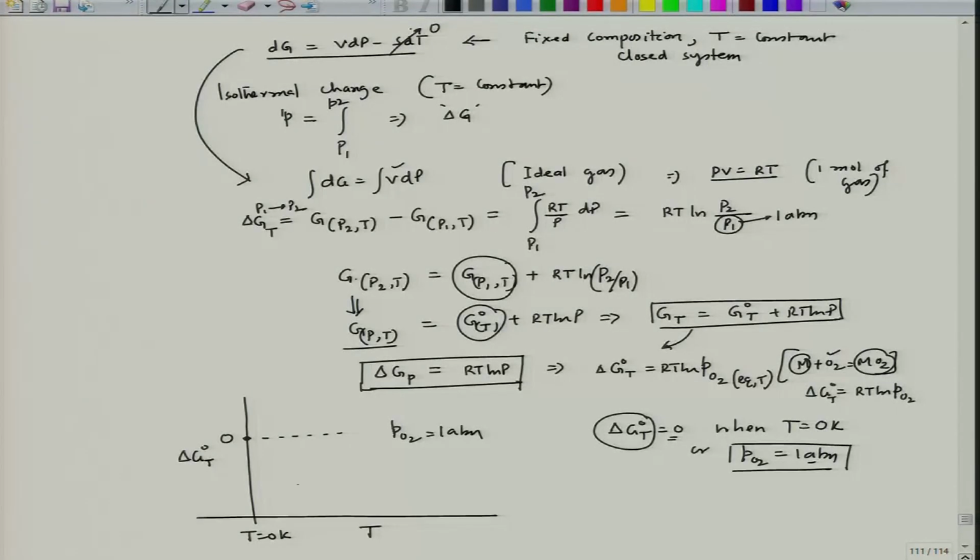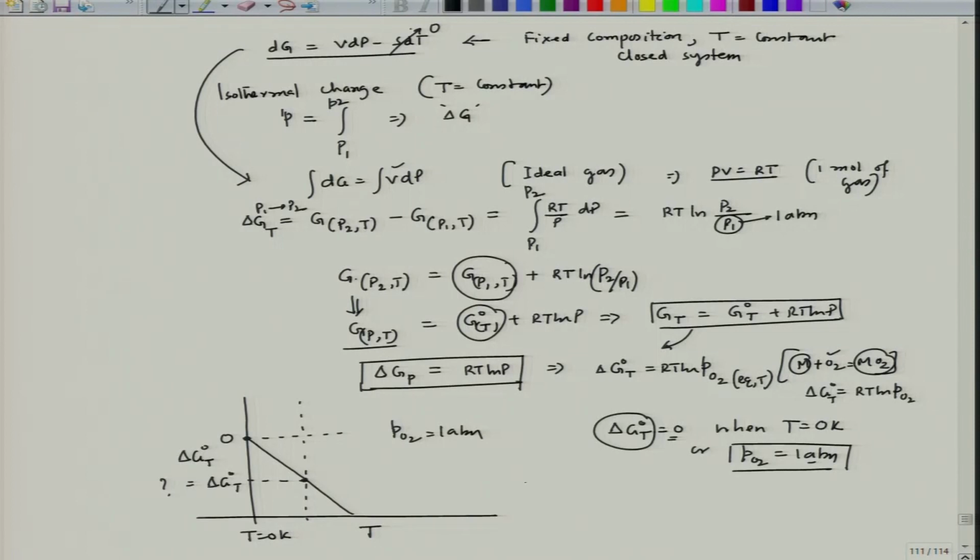Now, at any temperature, let us say I take this temperature, and at this point I want to measure the partial pressure of oxygen. What I have to do is draw a line like this, connecting the 0 point. This is delta G naught T equal to some value.